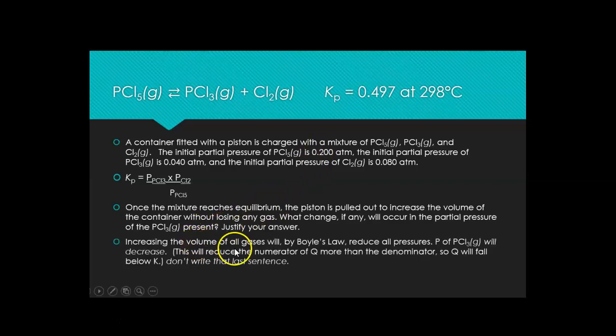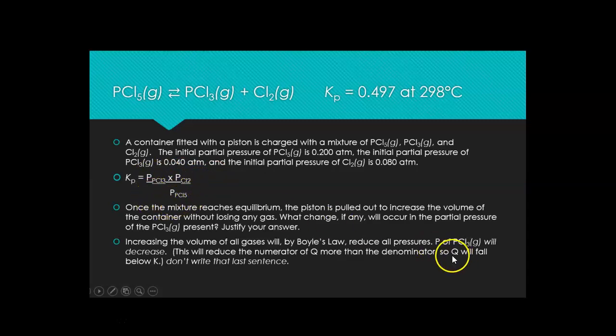So if you increase the volume of all gases, Boyle's law says all pressures will be reduced, and the pressure of the PCl3 will decrease. Okay? That's before any equilibrium is reestablished. But this reduces the numerator of Q, because of the product here, more than the denominator.